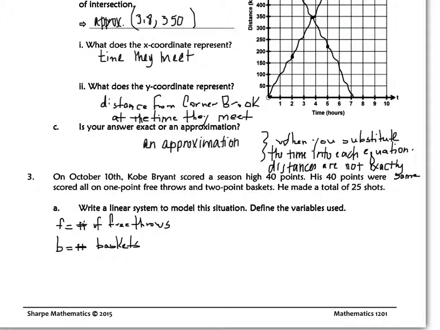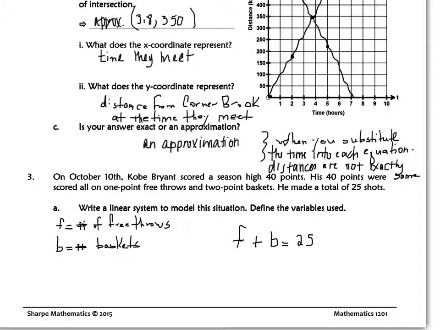So we have to come up with two equations now, because those are the two things we don't know. So it says he scored a season high 40 points, and his 40 points were all scored on the 1-point free throws, 2-point baskets. He made a total of 25 shots. So that would mean that F plus B would have to be equal to 25.